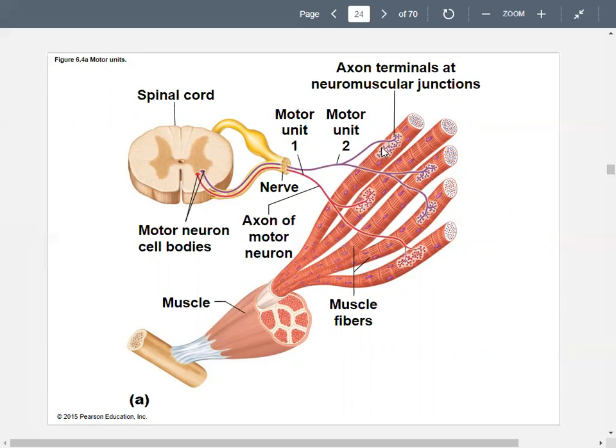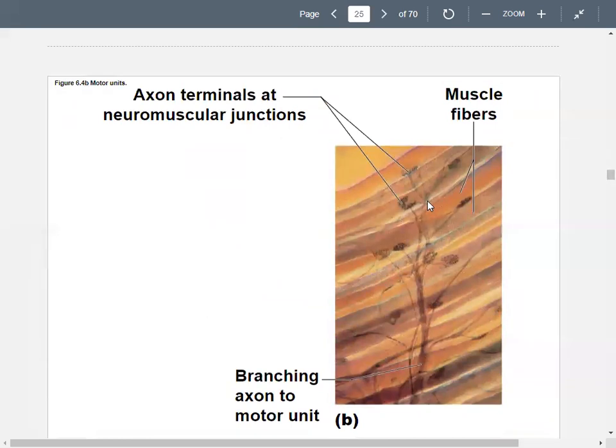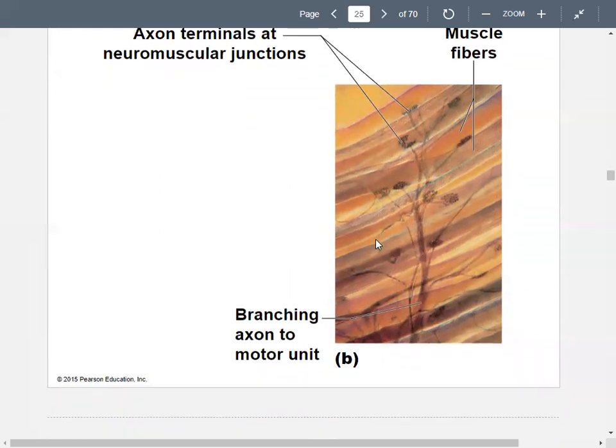Motor unit 2 has 1, 2, 3 muscle fibers that it innervates, right? All right. This shows you under a microscope, same thing. All right, so these are different muscle fibers being innervated by nerve cells.